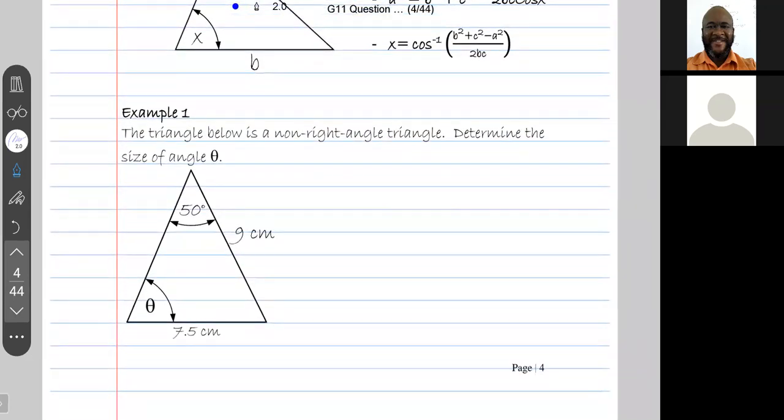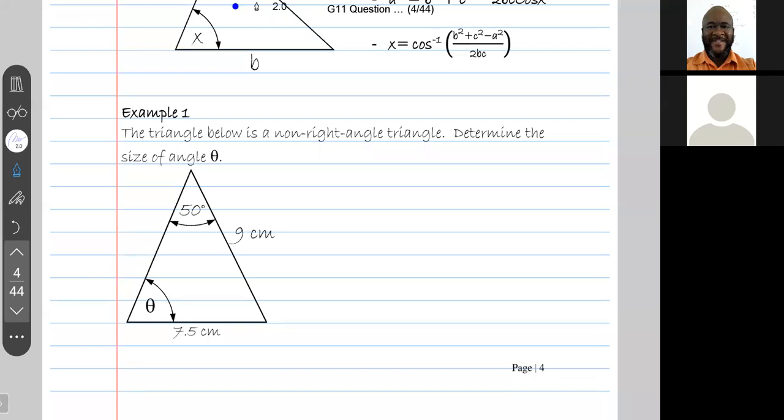All right, here's an example. Example one says, the triangle below is a non-right angle triangle, where to determine the size of angle theta. So I hope you all have your calculators ready.